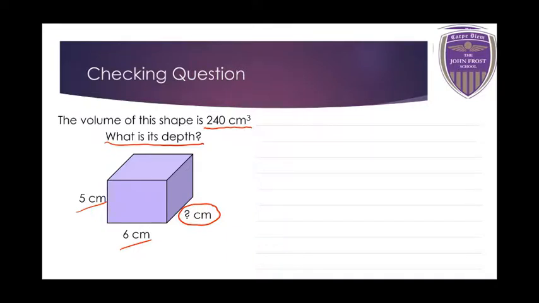Okay, so let's write out the formula again. Volume equals height times width times depth. And we're told the volume is 240 millimeters cubed.